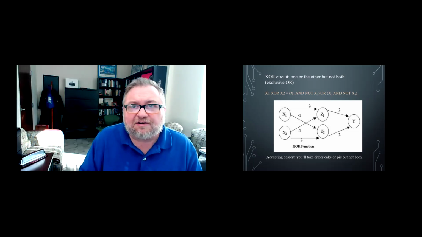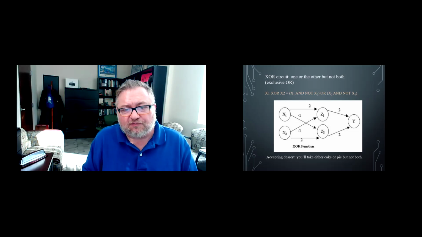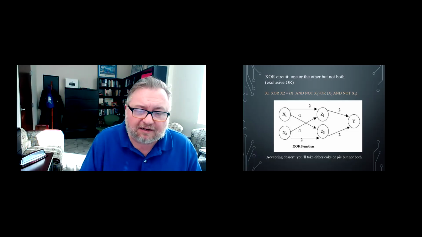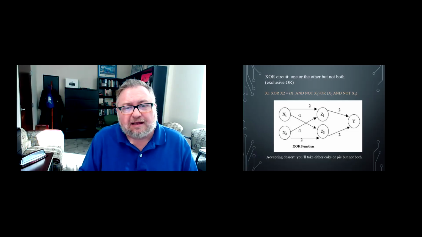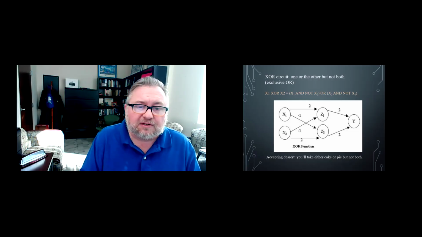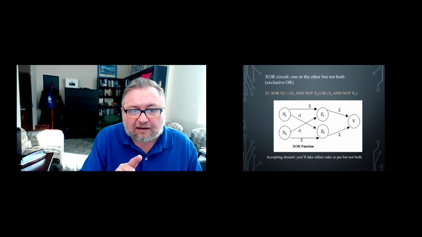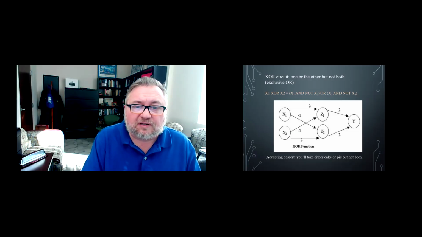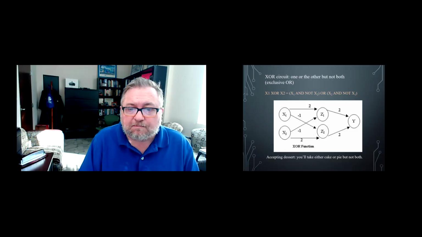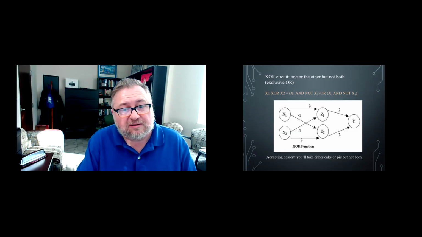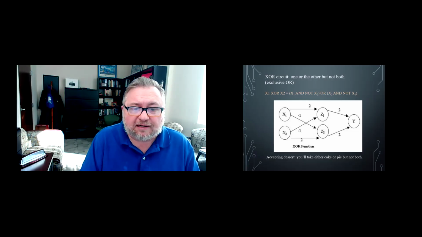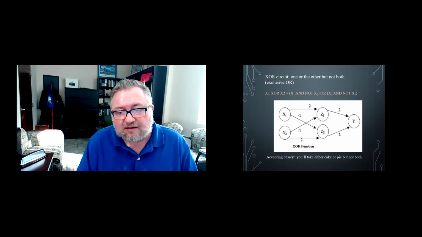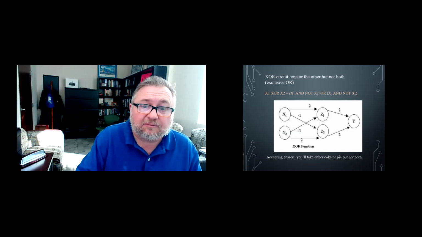But in this odd scenario that I've come up with where you're forced to have both cake and pie, you're going to say, no, right? Now we can account for that here because what's going to happen is that with cake being true, we're sending excitation to Z1 and we're sending inhibition to Z2. And with pie being true at X2, we're sending excitation to Z2 and inhibition to Z1.